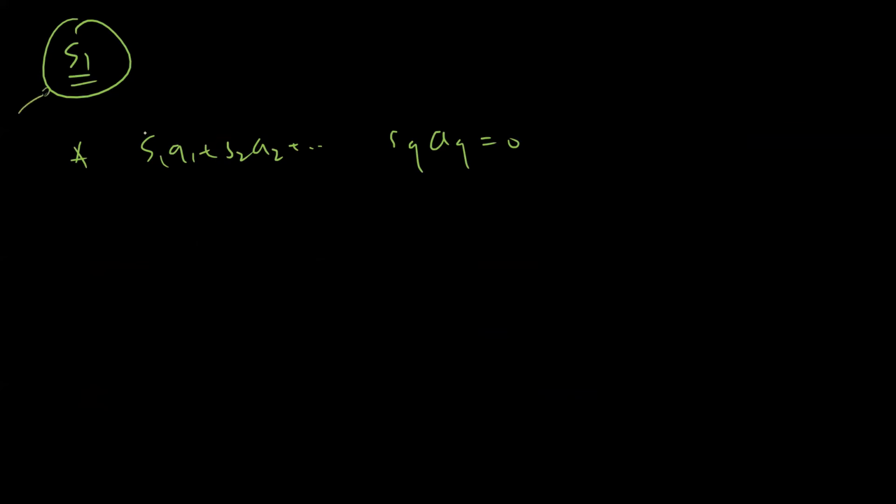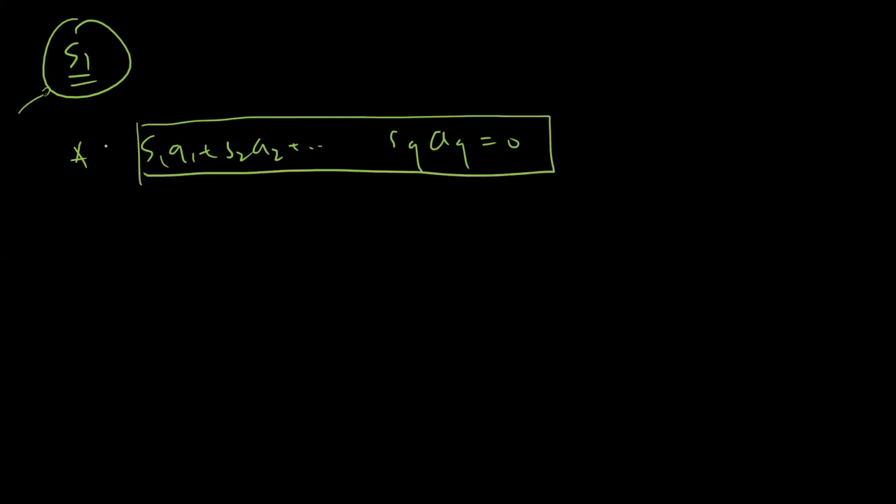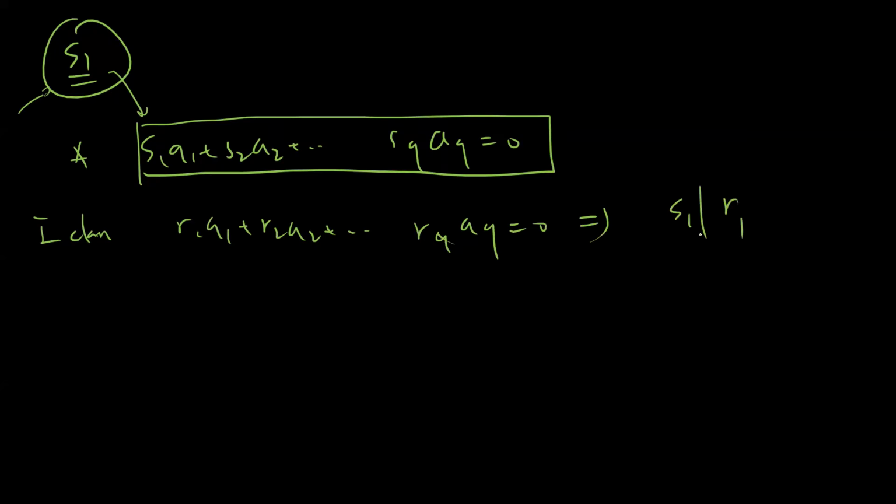S1 is the smallest for which this property does not hold. So we will get some equation like this, particular for this S1. And I claim that for other relations such as R1 A1 + R2 A2 + ... + RQ AQ = 0, S1 must divide R1.